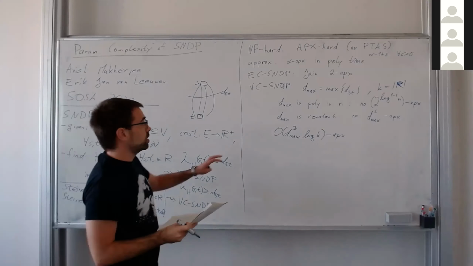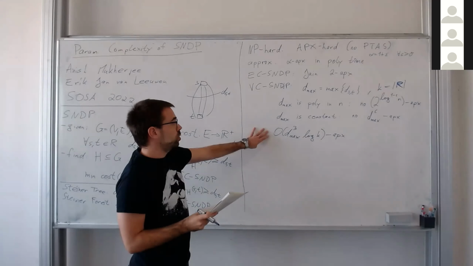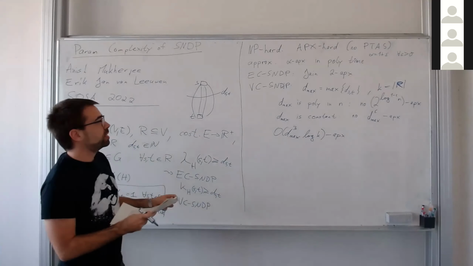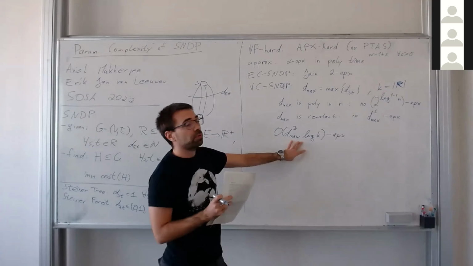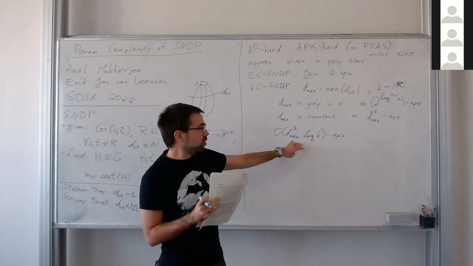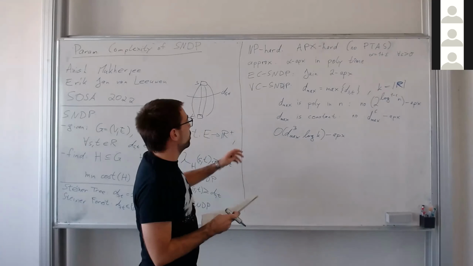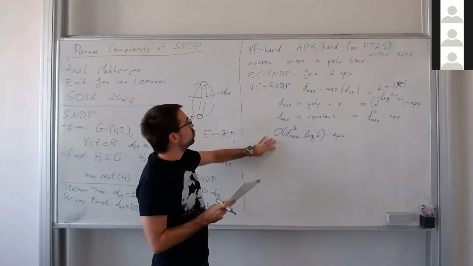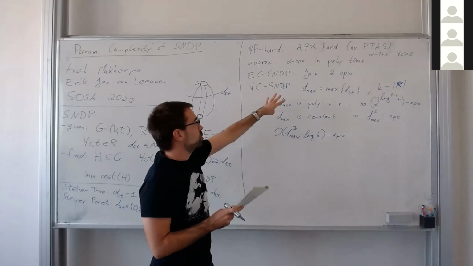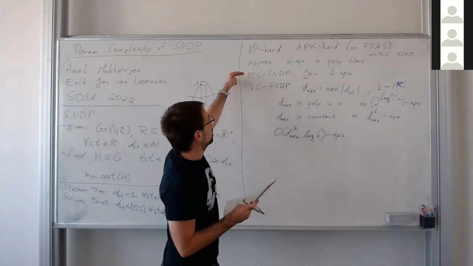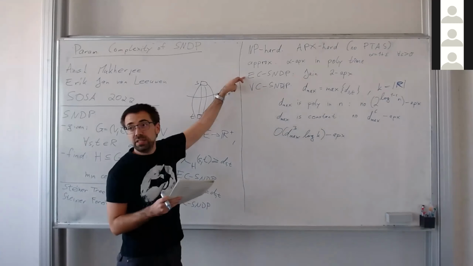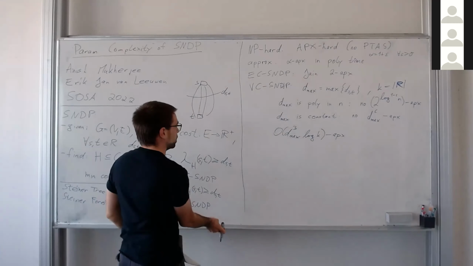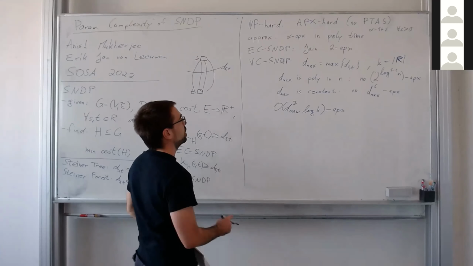This leads to another interesting concept, because to obtain this approximation algorithm, what they do, for vertex connectivity, is use an algorithm similar to this one, but for a problem that sits in between these two. What is that variant? It's called element connectivity SNDP.